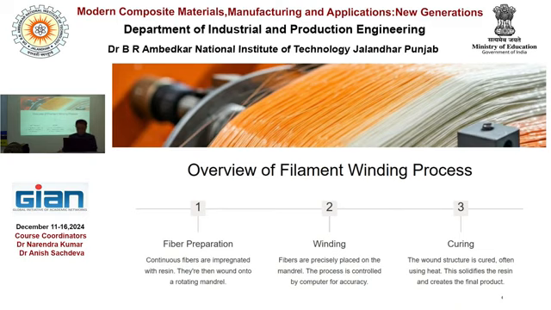The continuous fiber is combined with resin, and it's wound onto a rotating mandrel. The mandrel is rotating all the way during the winding process, and the fiber is placed on the mandrel. The process is controlled by computer for accuracy: winding angle, winding speed, and the tension in the fiber. Everything should be very carefully controlled.